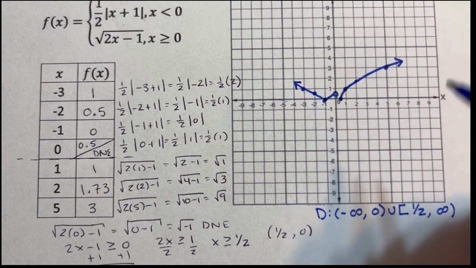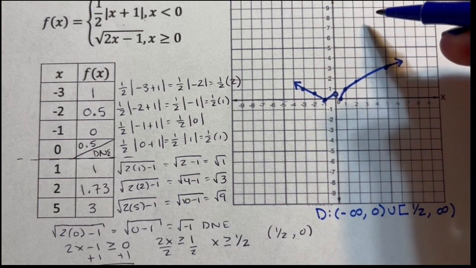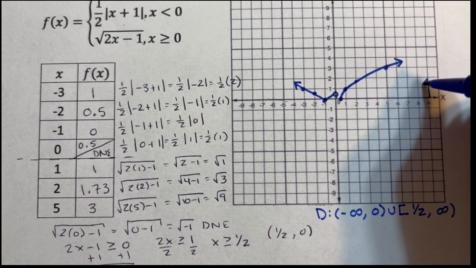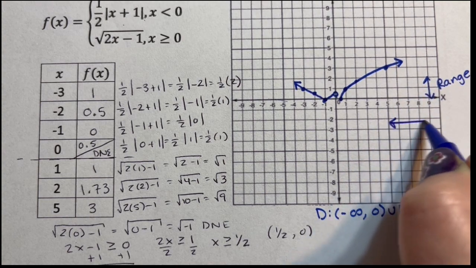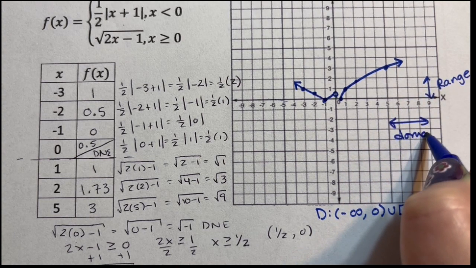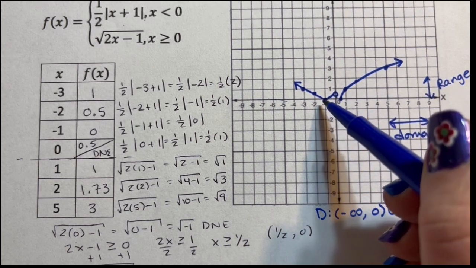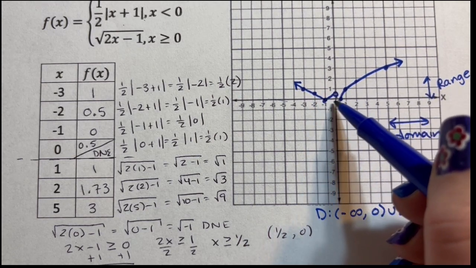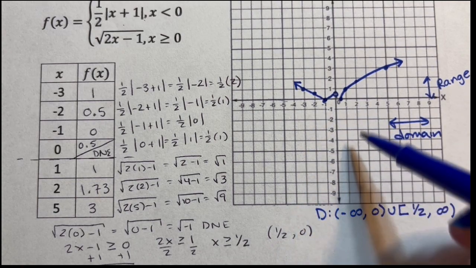As for the range, notice they both hit down at 0. The range is our y values. Range is up and down. Domain is left and right. The range for both of them, they don't go into the negatives. No negatives are touched in the graphing.